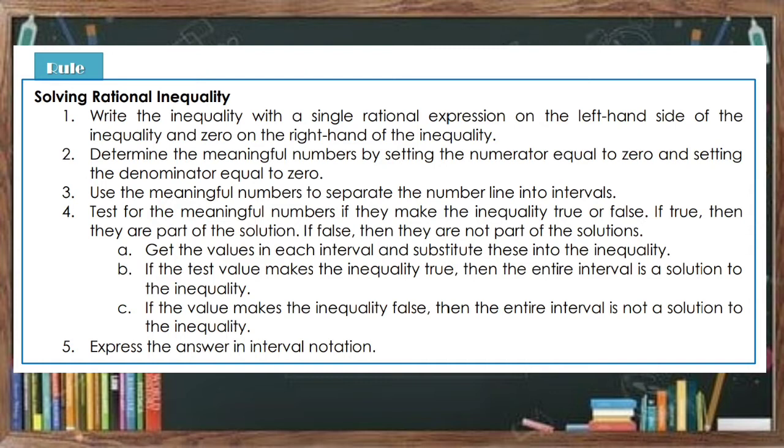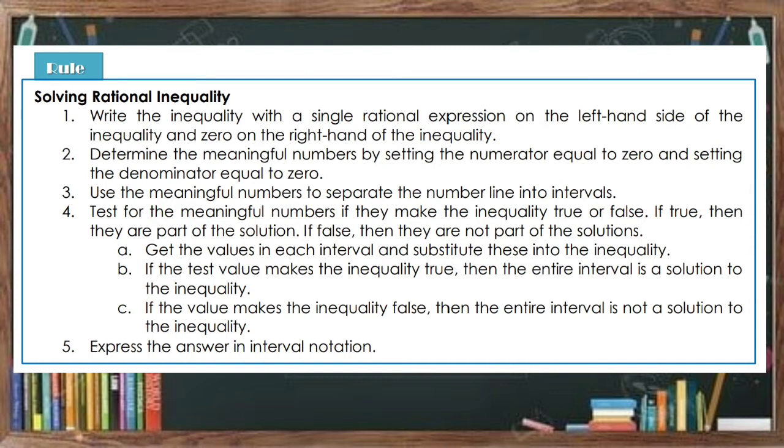And step number 3, use the meaningful numbers to separate the number line into intervals. Step number 4, test for the meaningful numbers if they make the inequality true or false. Then, if true, then they are part of the solution. If false, then they are not part of the solutions.